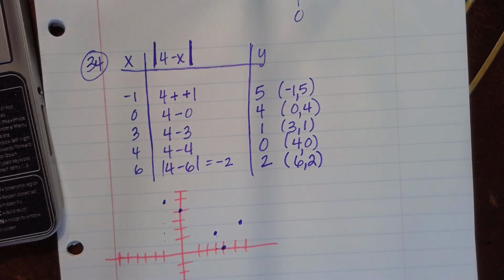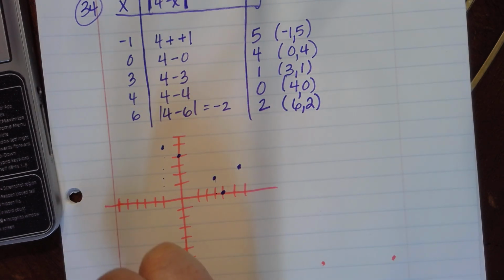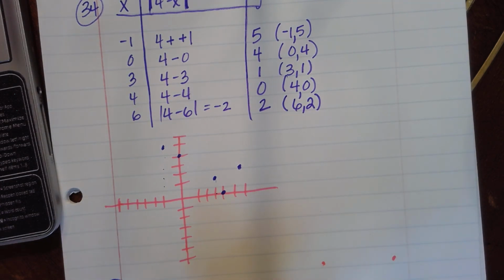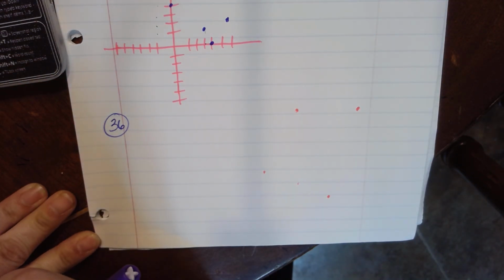Okay, so for number 36, I guess that's something else I should have brought up at the beginning. When it asks you for the independent variable, that should be what doesn't change. And usually that is going to stand for x.